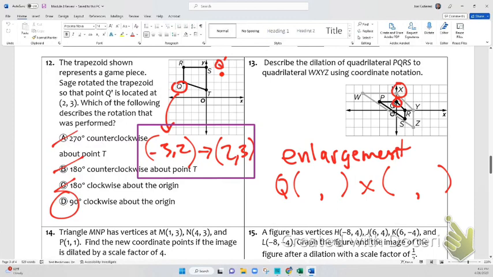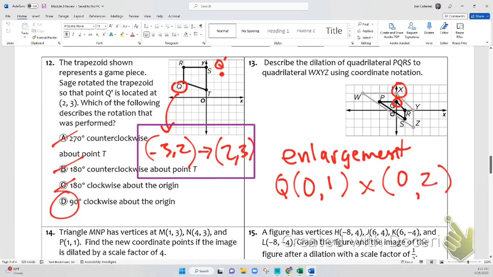By what scale factor? For Q, that is at 0, 1. And then for X, that is at 0, 2.